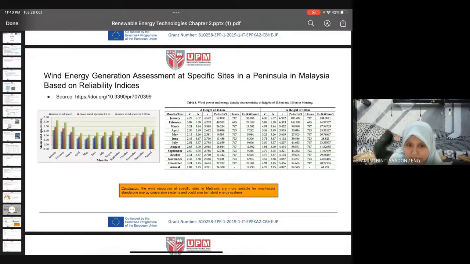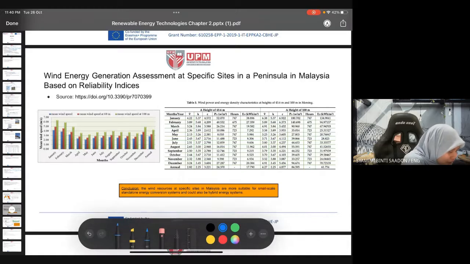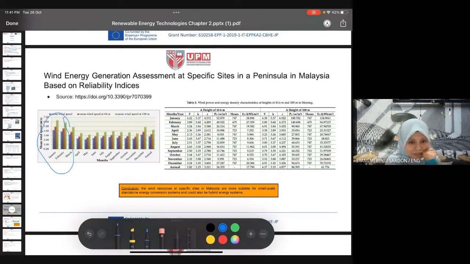Of course, at higher altitude the wind speed is higher. Throughout the year in Malaysia, our wind speed is higher at the beginning and at the end of the year, December, January, February. So we have higher wind speed in Mersing.